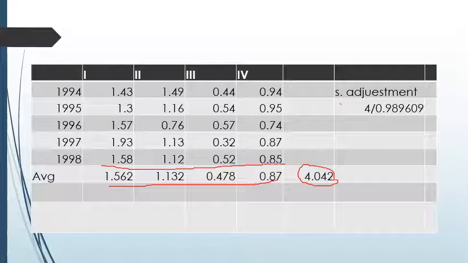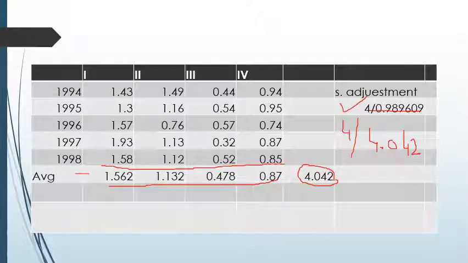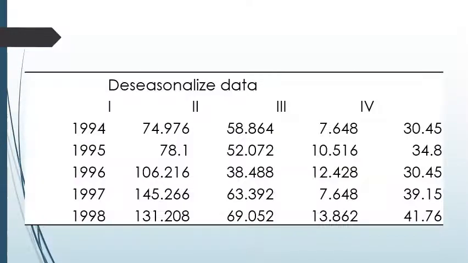So I make some seasonal adjustment: 4 divided by 4.042, and the result obtained is multiplied by this row, and we will obtain the seasonal indices.